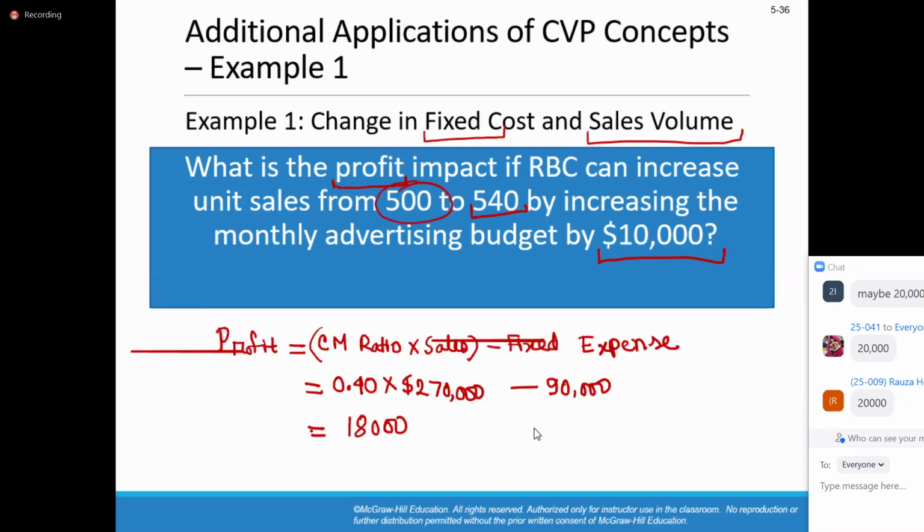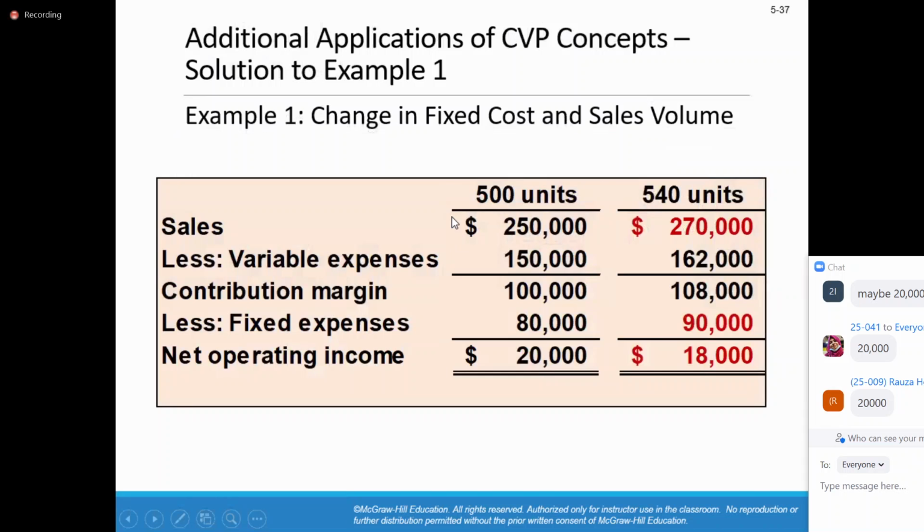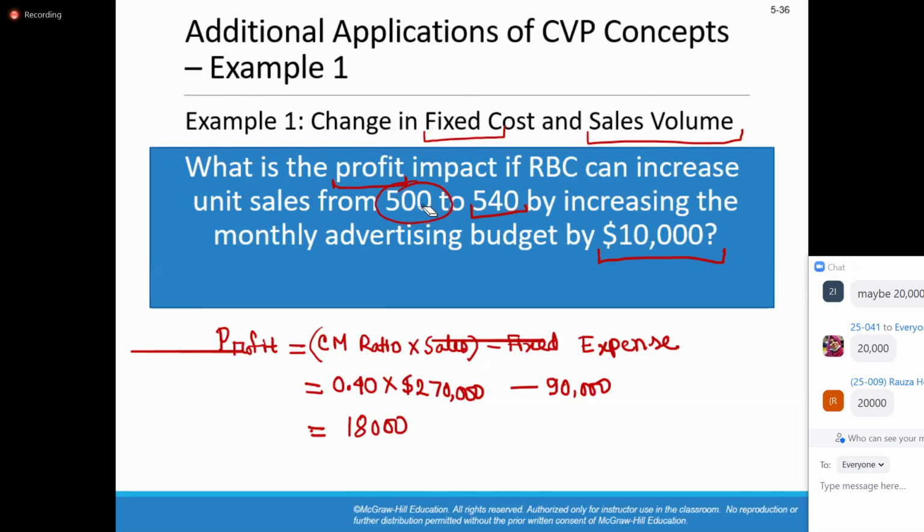So you see that for these changes, the increase of unit sales from 500 to 540 is a good thing, right? But you see, our monthly advertising budget is going up by 10,000.